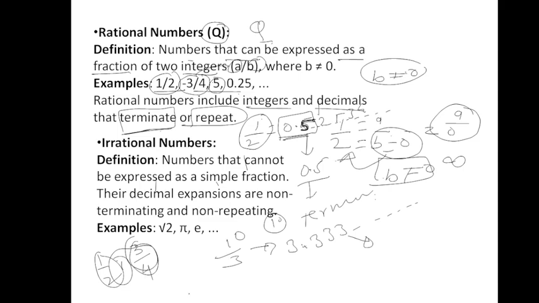For example, under root 2. We know the value of under root 2 is 1.414, I think. Suppose we take another example, pi. What is the value of pi? 3 point something.